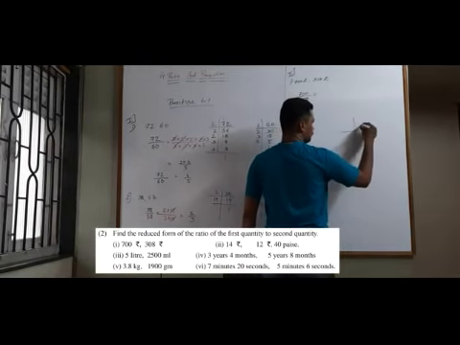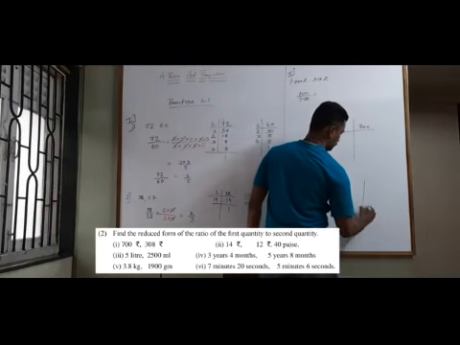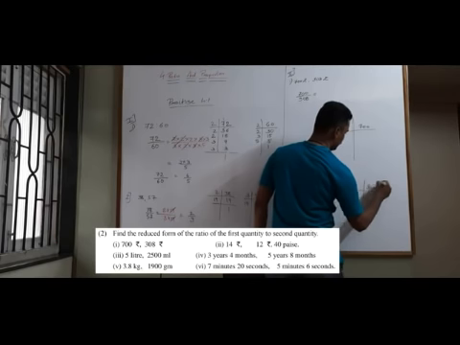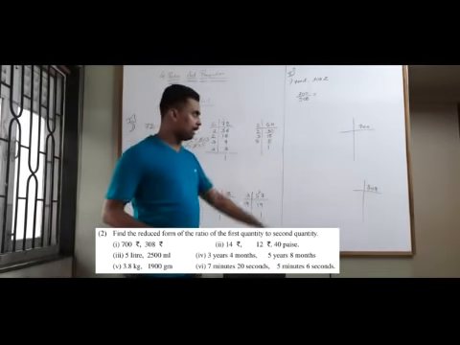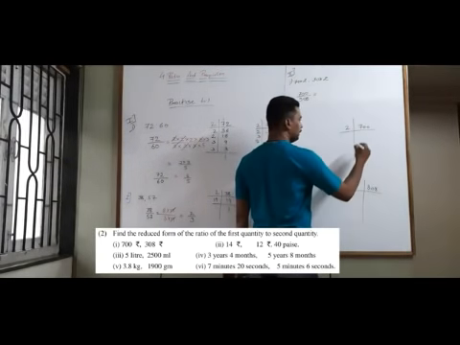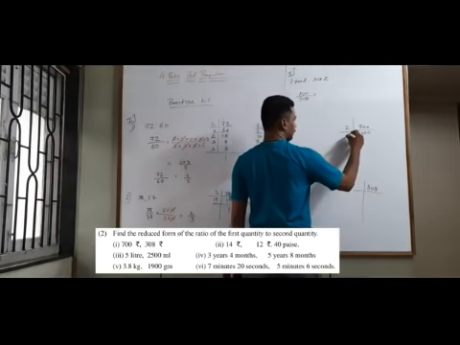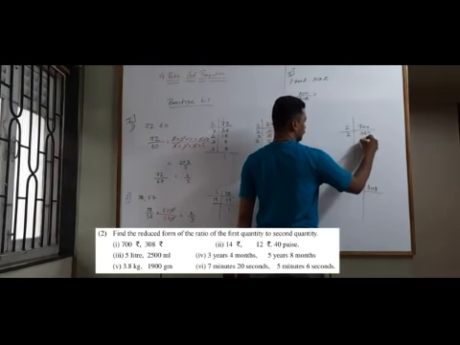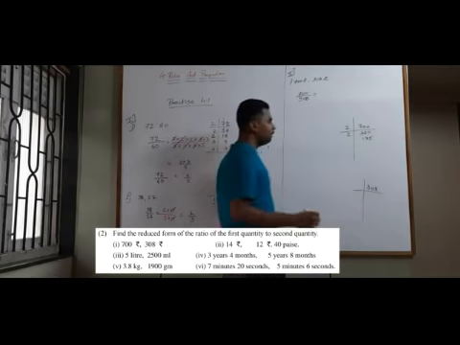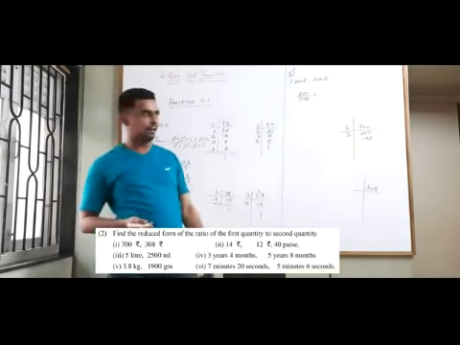So 700 and 308, right? I divide 700 by 2, and I get 350. Further dividing by 2, I get 175. Now it cannot be divided by 2, so the next option is dividing by 5.